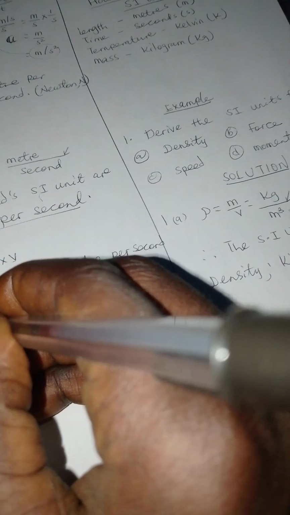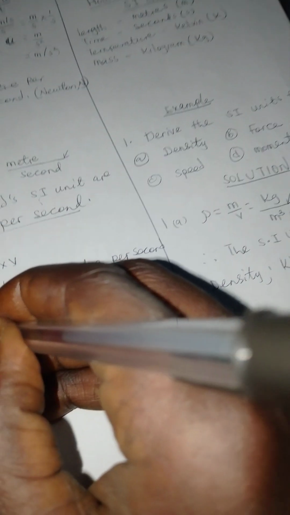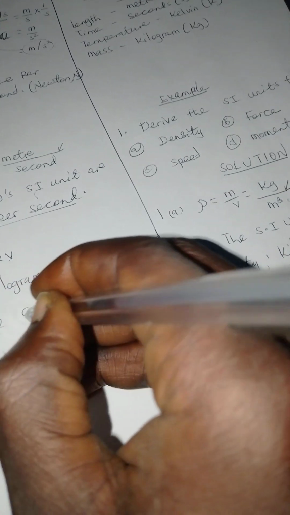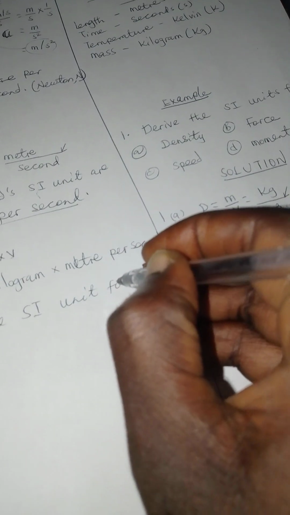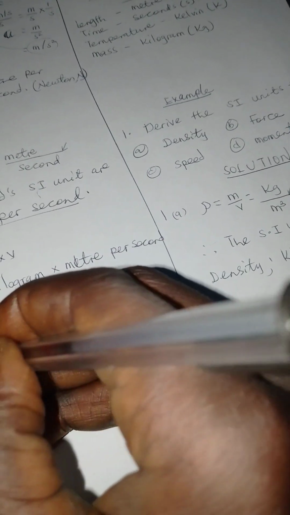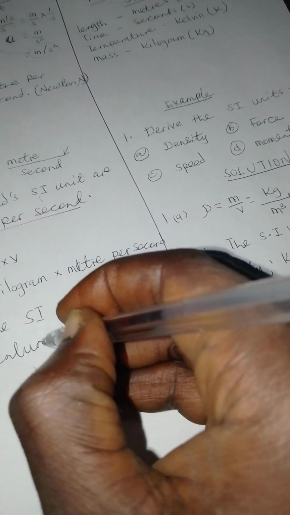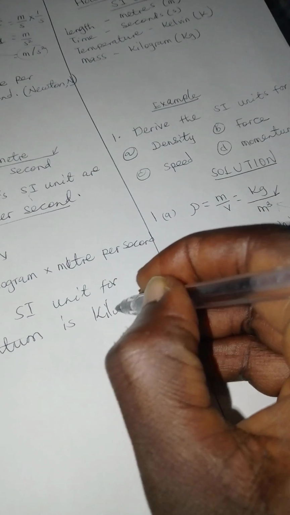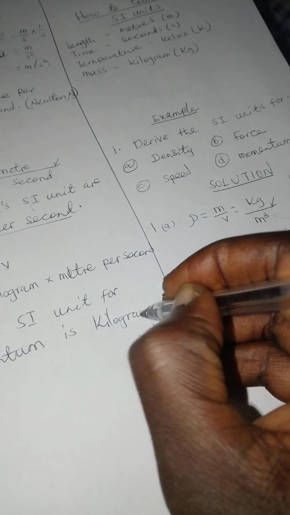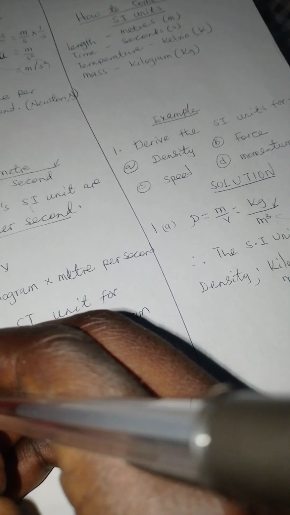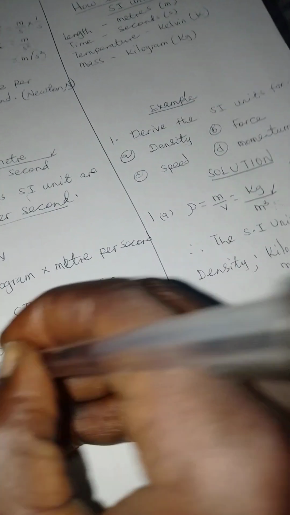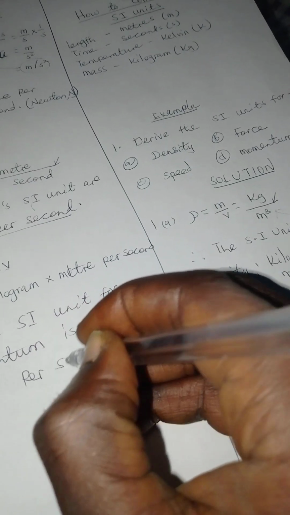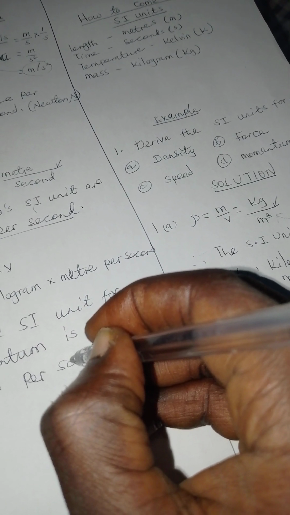So therefore the SI units for momentum is kilogram meter per second.